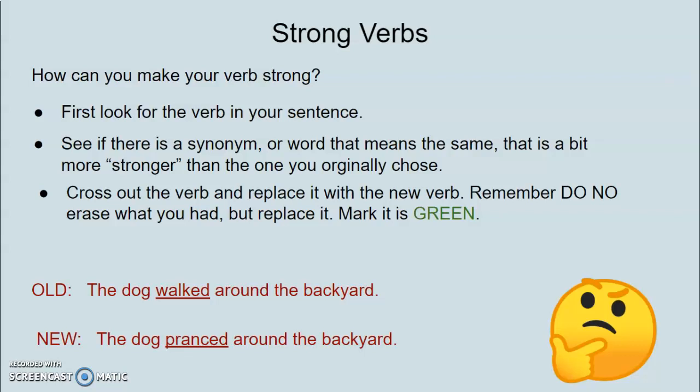So that gives a little bit more description than I had before. It kind of means the same thing, but it's giving me a little bit more visual of what the dog is doing in the backyard. So again, look for the verb, see if it's a strong verb, and if it's not, make it better.